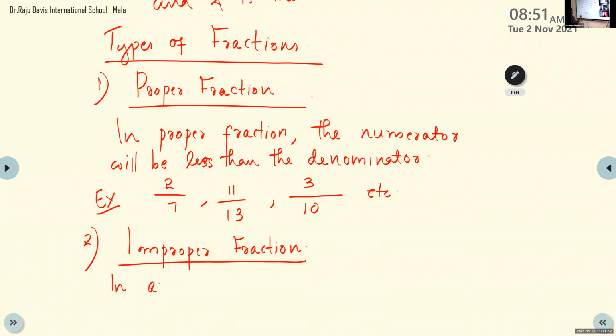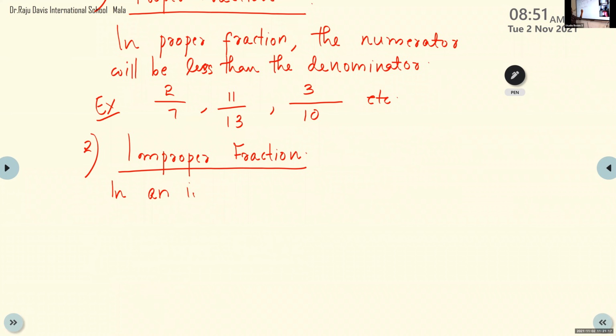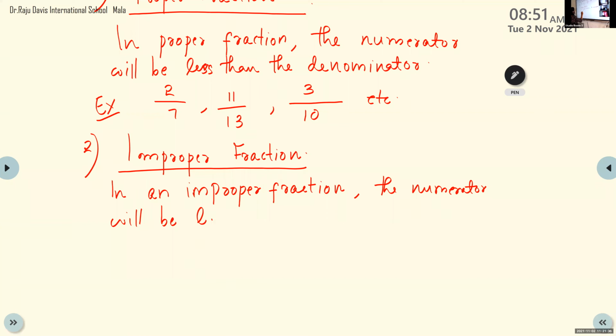In an improper fraction, the numerator will be larger or greater than the denominator.